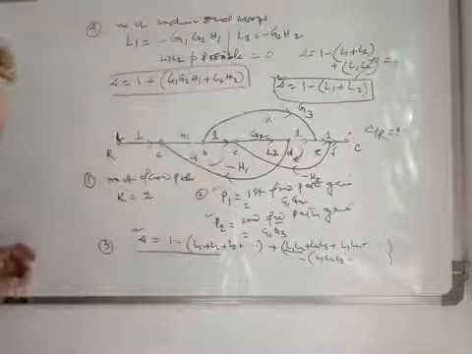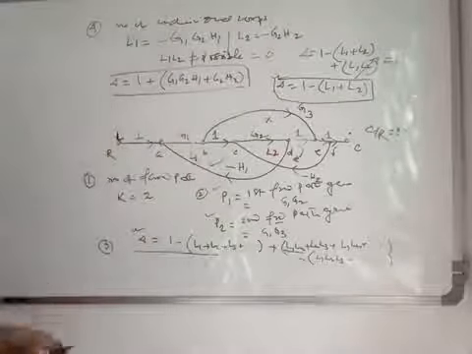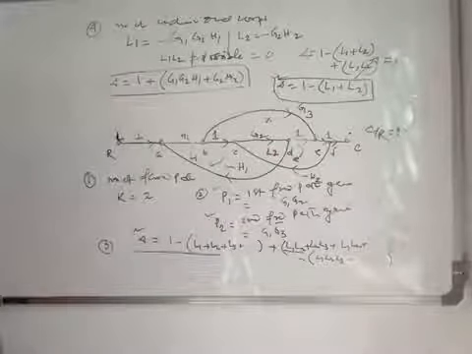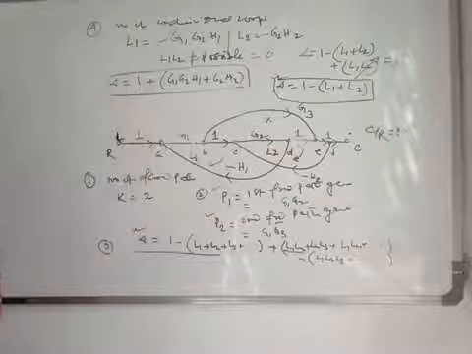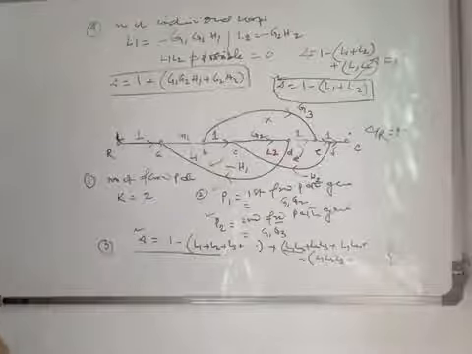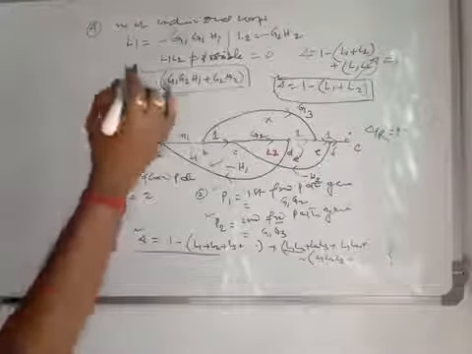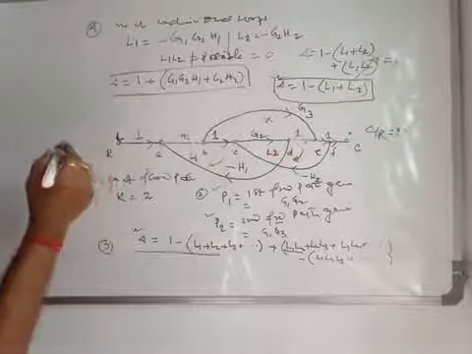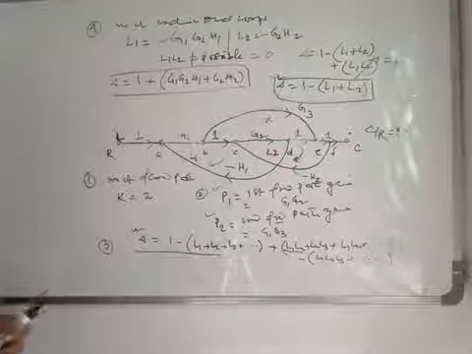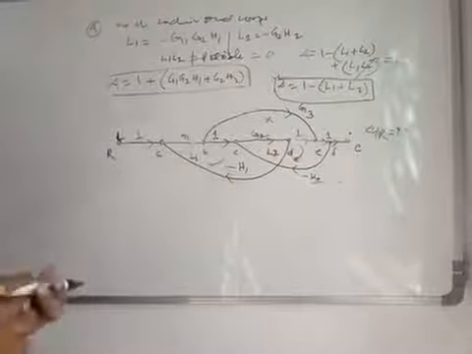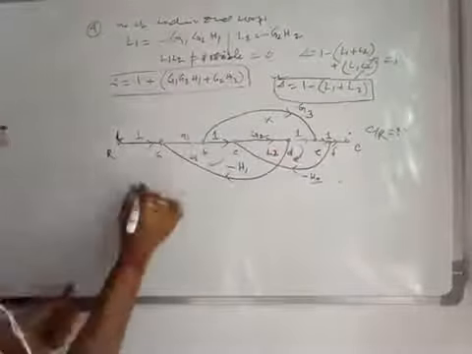Next, what we have to find out is delta 1 and delta 2, because according to Mason's gain formula, delta 1 and delta 2 will be found out. So what is the value of delta 1?